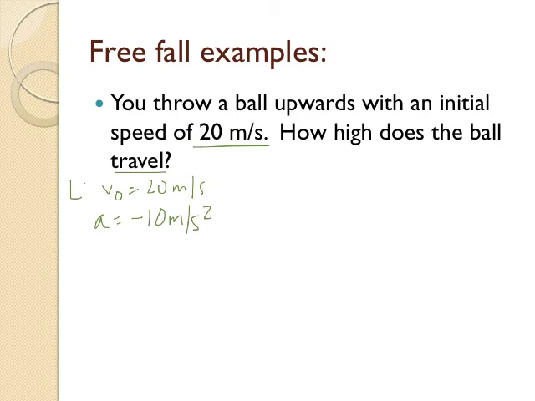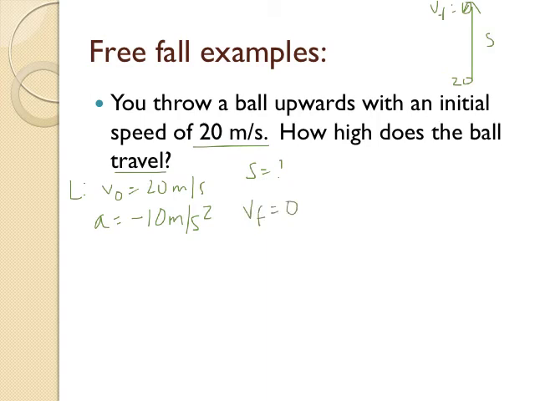Okay, now, let's think about this. We want to know this distance, so S equals question mark, and down here we have 20, and then we should also know that our VF equals 0 at the very, very top.